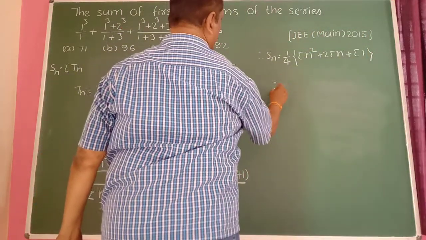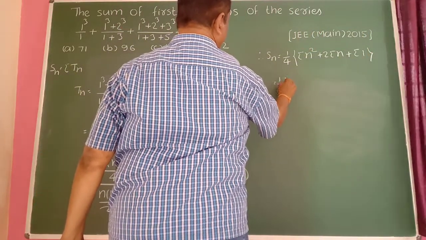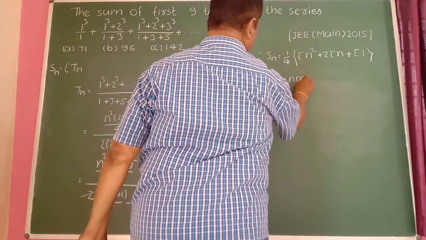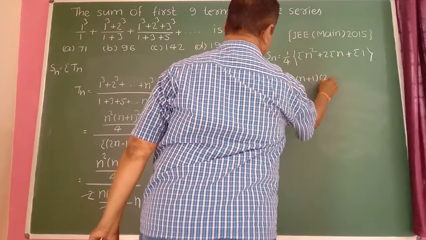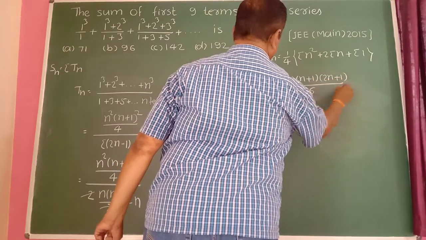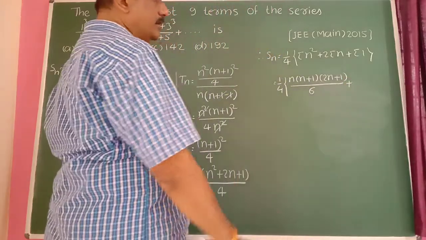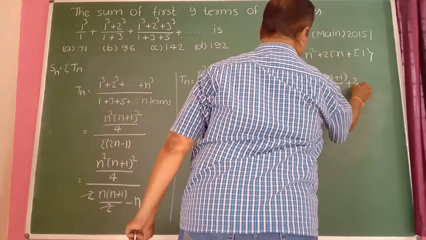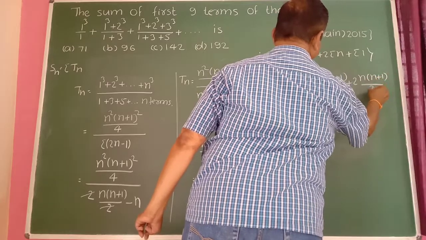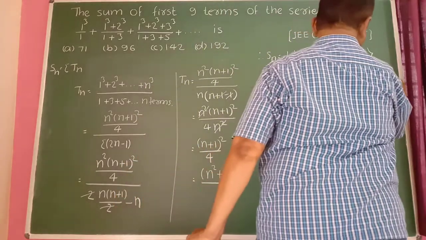Therefore this is equal to 1 by 4 into bracket, the summation of n square is n into n plus 1 into 2n plus 1 divided by 6, then plus 2 into the summation of n, which is n into n plus 1 divided by 2, and the summation of 1 is n.